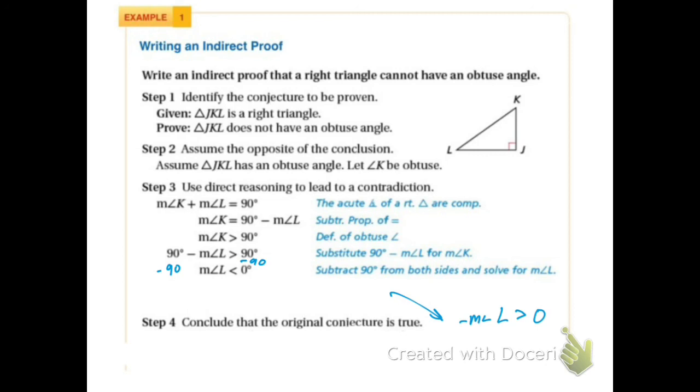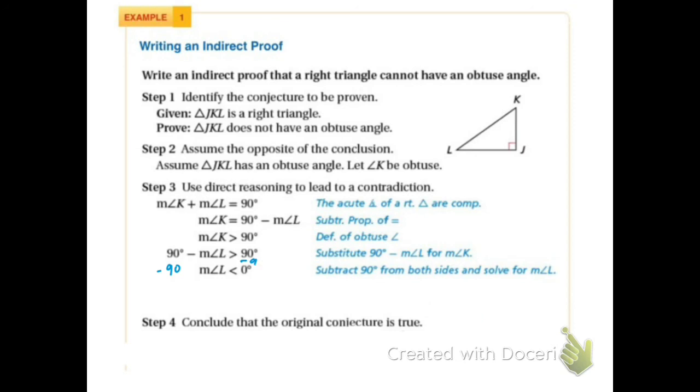I'm going to multiply both sides by -1. Remember, when you multiply or divide an inequality by a negative value, you have to flip your inequality. So that gives you the measure of angle L is less than 0 degrees. So that's how we arrive at this conclusion here, that the measure of angle L is less than 0 degrees.